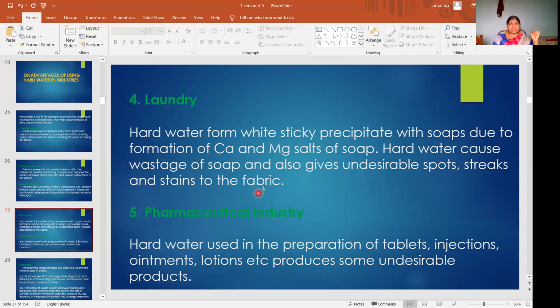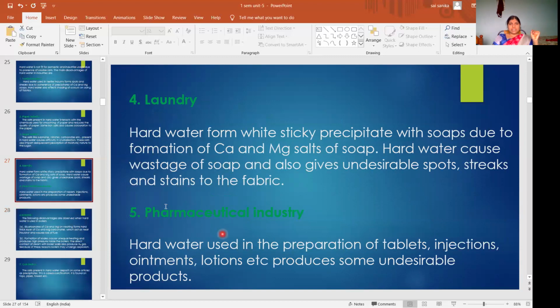Spots, streaks and stains on the cloth, and soap will be wasted. Pharmaceutical industry: undesirable, unwanted product you will get. Whatever product you want, that product you won't get. You will get an unwanted or undesirable product.